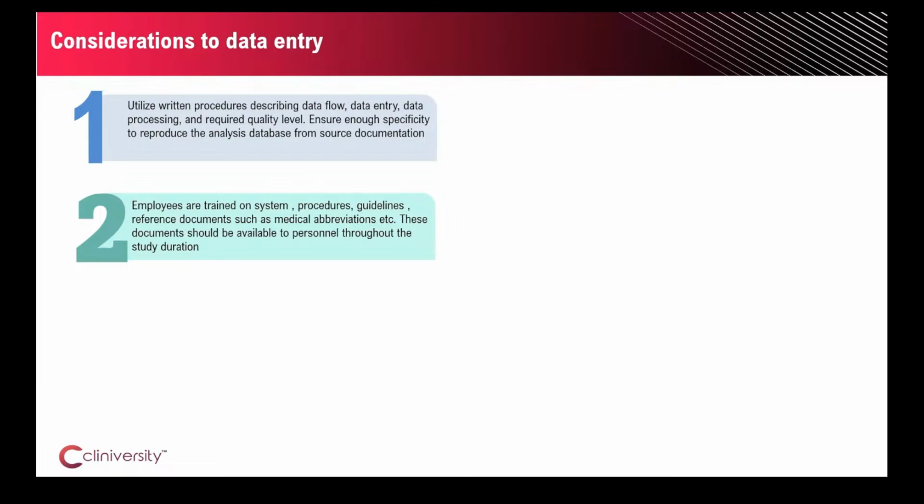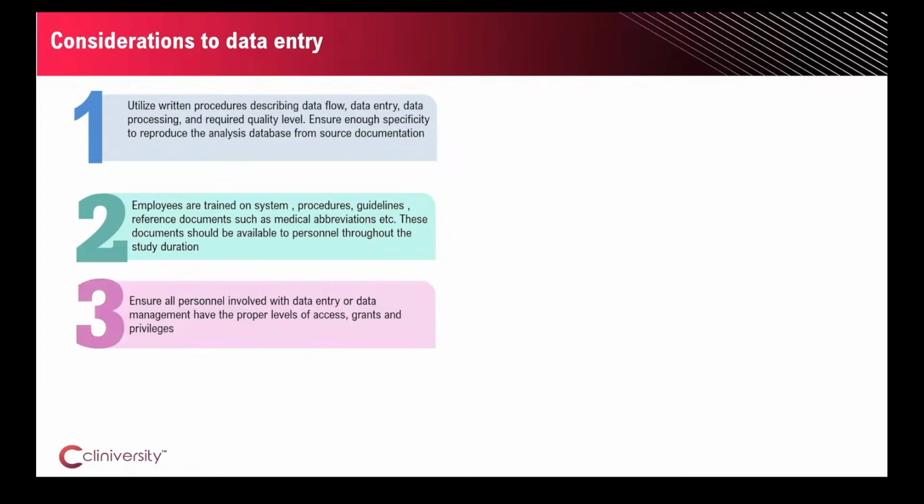Employees are trained on working with systems, procedures, guidelines, and reference documents like medical abbreviations, so as to minimize any data entry errors. These documents should also be available to the personnel until the study closes out. All the employees have the required access as per their roles and responsibilities.